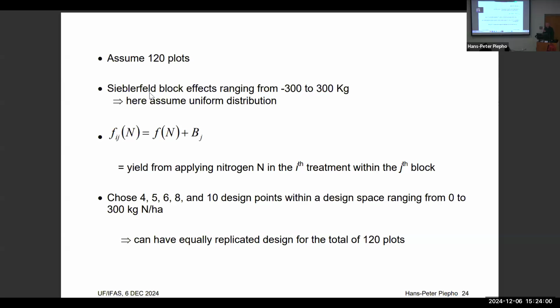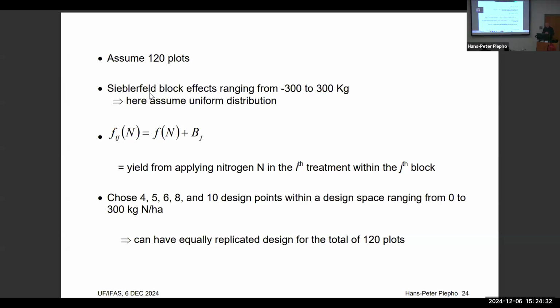A second specification that needs to be made to get this to run is we need to actually specify how many points we want. So that algorithm can handle a search where we say we want 4 points. Given that we want 4 points, where should we put them? So it's conditional. So we will actually need 2 steps to find the optimum. We'll just do a grid search and look at a couple of numbers of points: 4, 5, 6, 8, and 10 is what we chose.